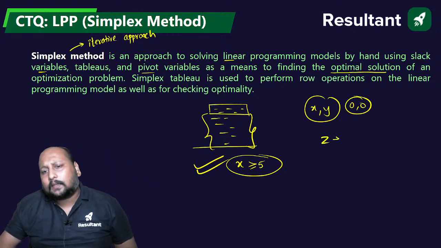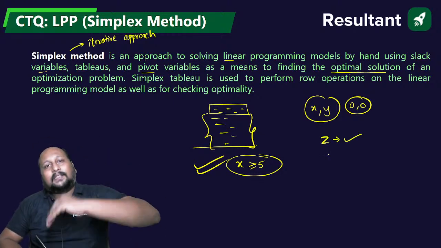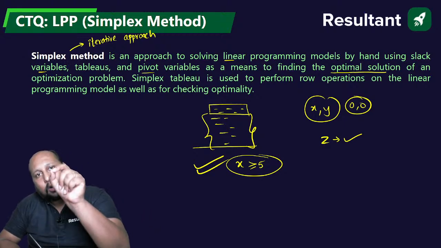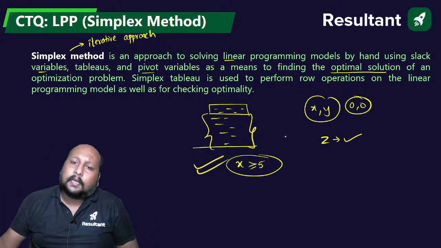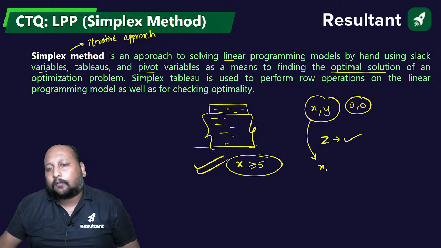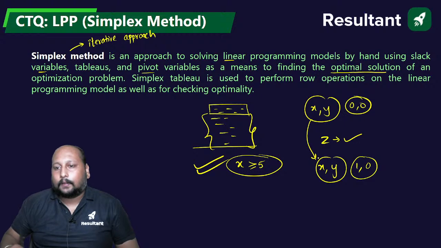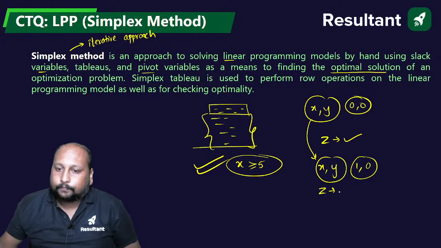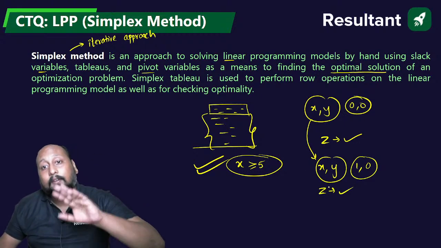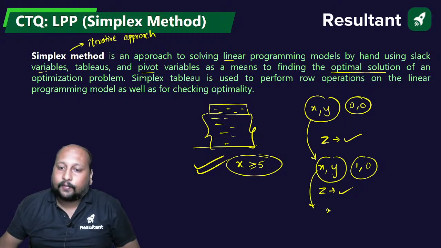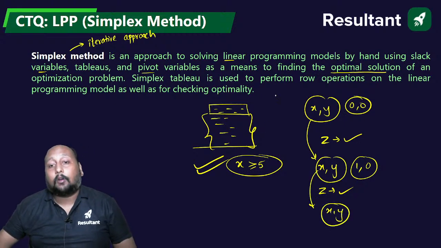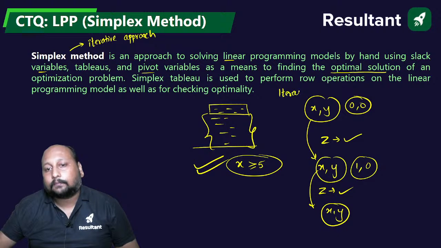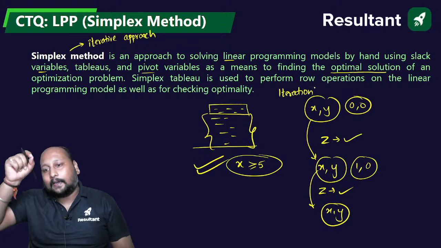You will be getting some value of objective function. Then we check कि whether this objective function is optimal or not. अगर optimal नहीं है, then we take a new set of values of x and y. Let us suppose I'm taking x equal to 1, y equal to 0. Then again I check the value of z, and whether this z is optimal or not. If it is not, then again I'll be taking the next value of x and y. So this is basically, we call it as iteration.